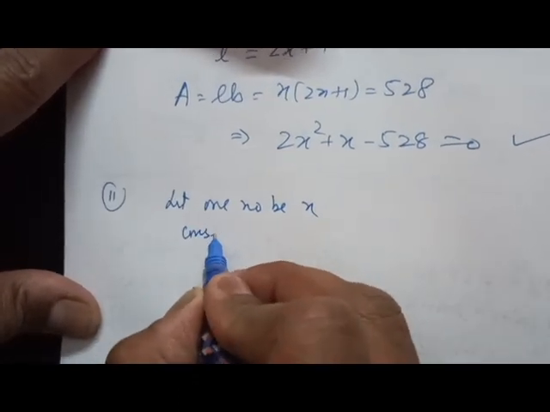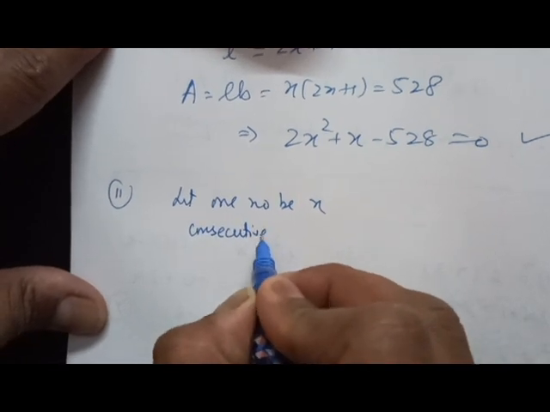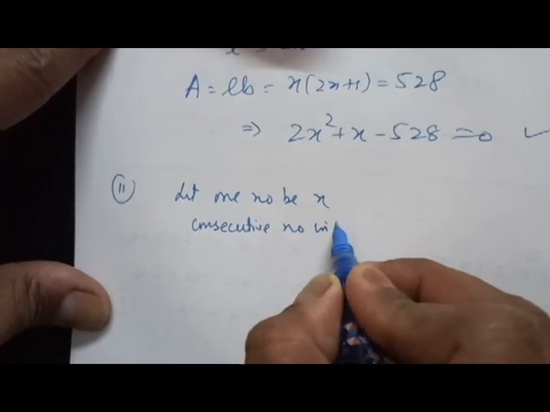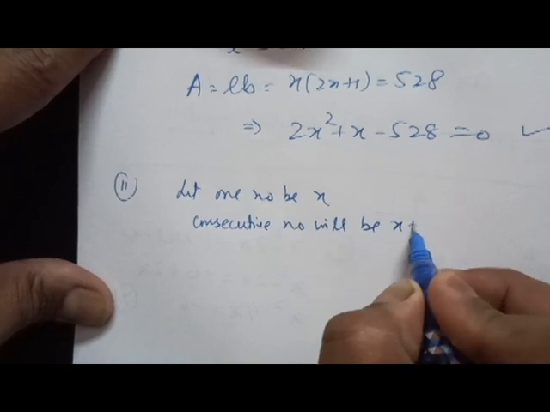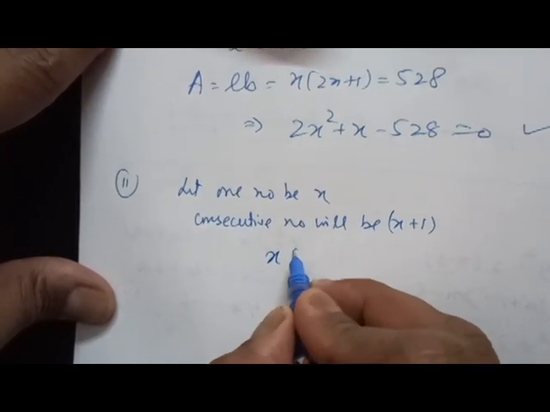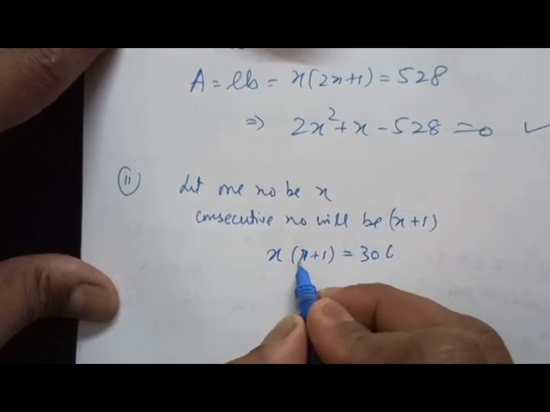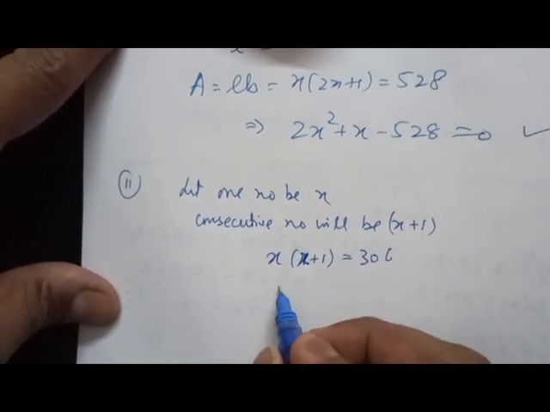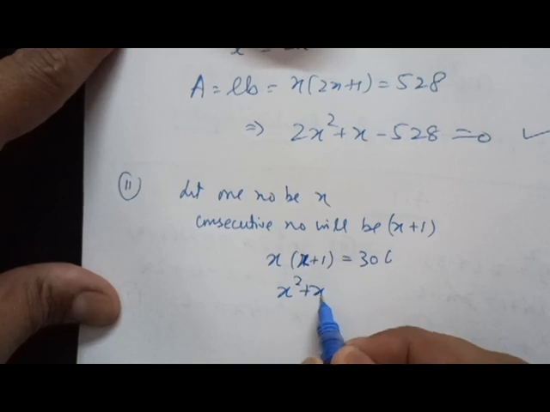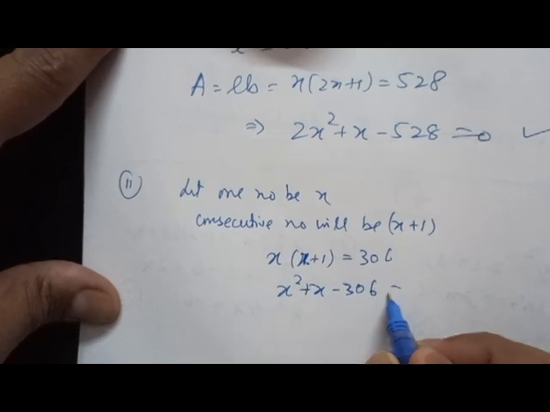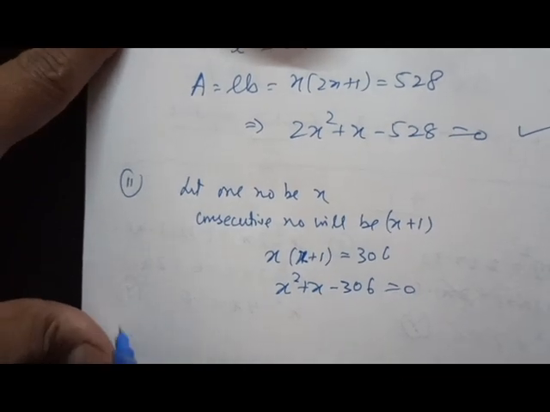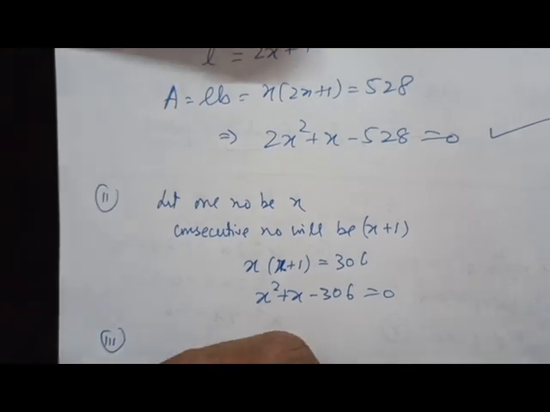So its consecutive number will be x plus 1. So we know that x into x plus 1 is equal to 306. We can open the bracket, so we get x square plus x minus 306 is equal to 0. So this is the required quadratic equation.